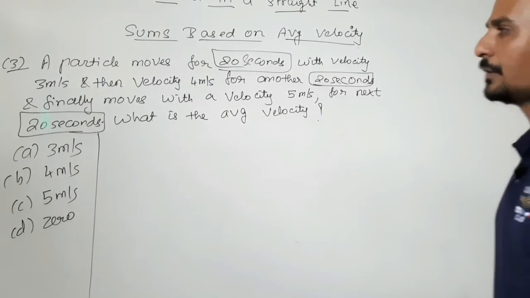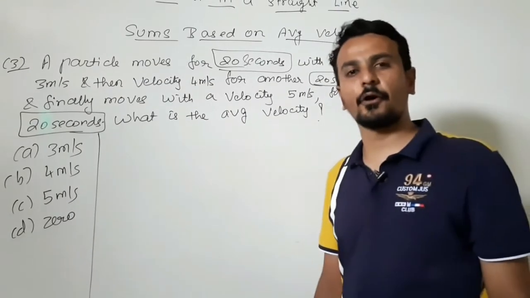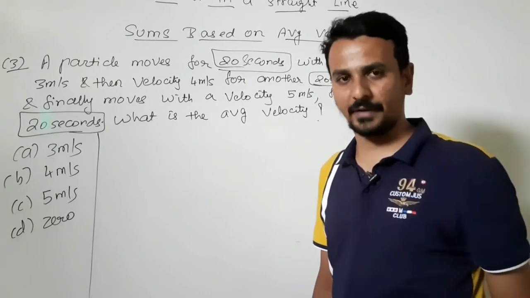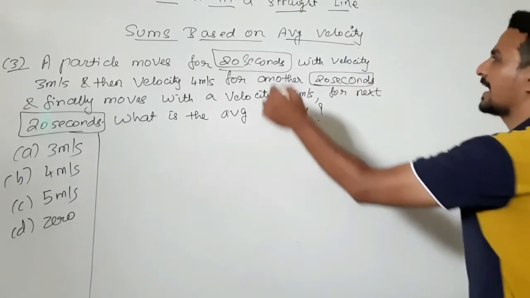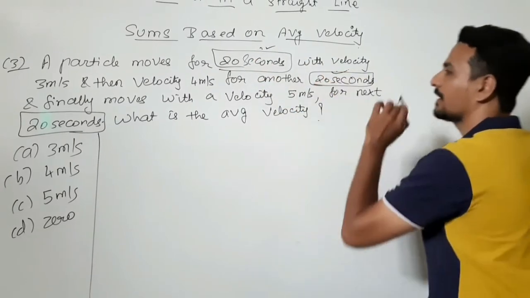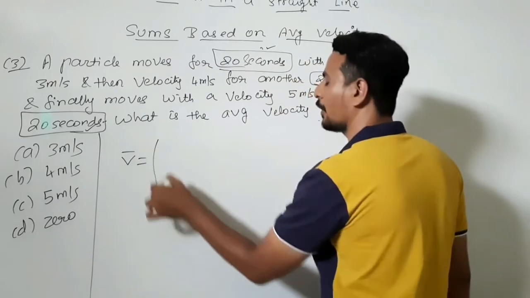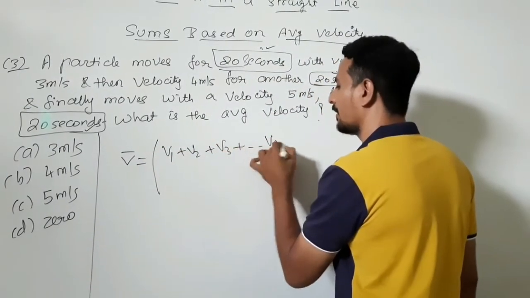In the previous video, when I explained average velocity, we derived the formula for average velocity in case of equal intervals of time, right? The same formula can be applied here because the time intervals are the same, 20 seconds each. We derived this formula: v1 plus v2 plus v3 up to vn divided by n.